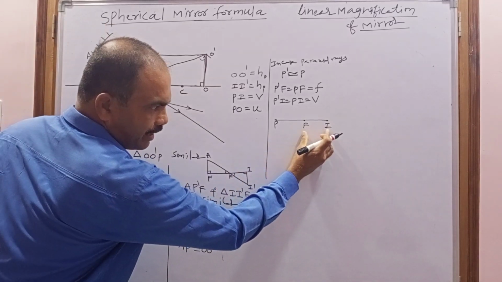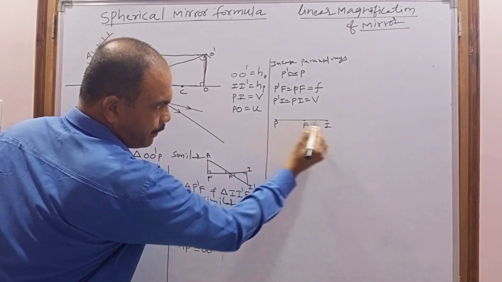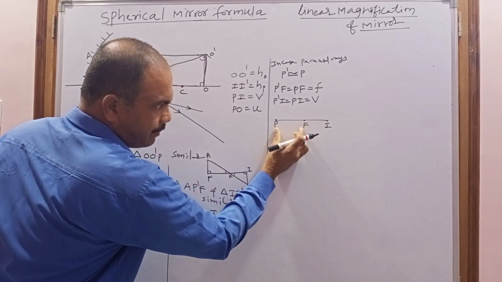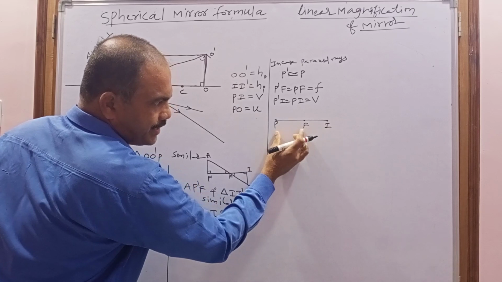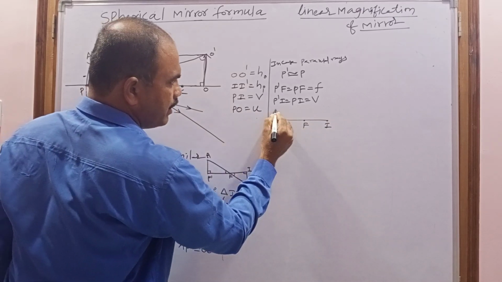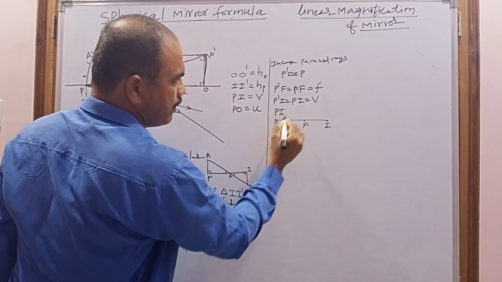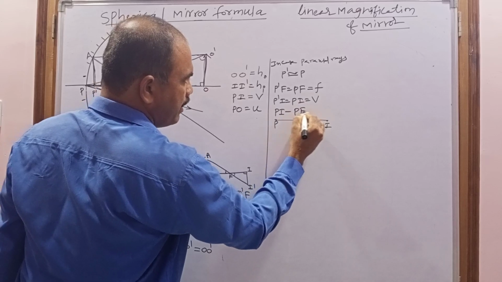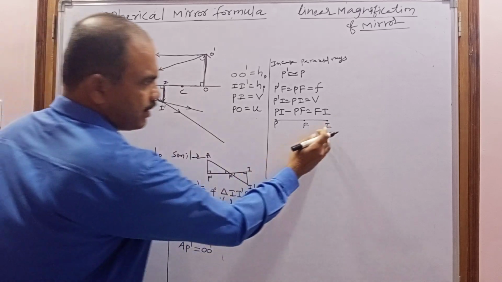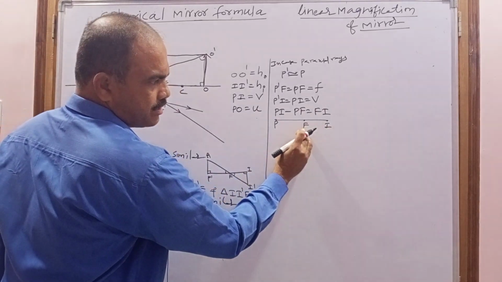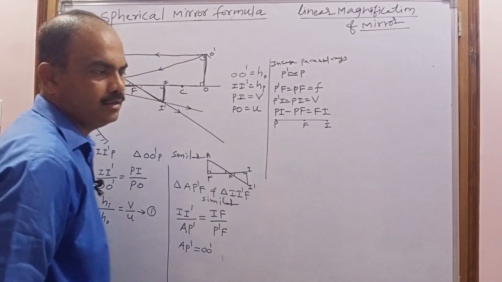How do we get this IF distance? From PI we subtract PF. So from PI, what should we subtract? PF should be subtracted. So PI minus PF becomes what? FI or IF, the same. The distance from I to F is the same as the distance from F to I.